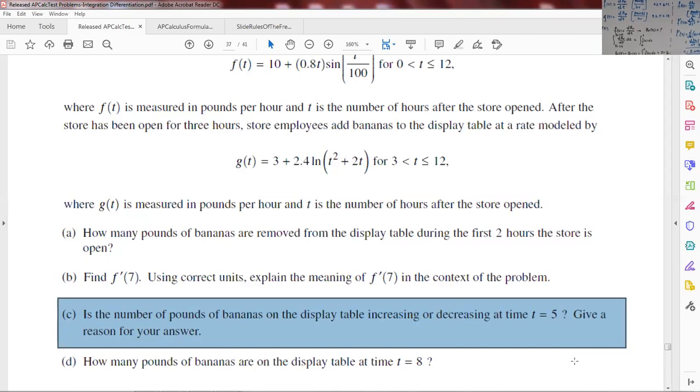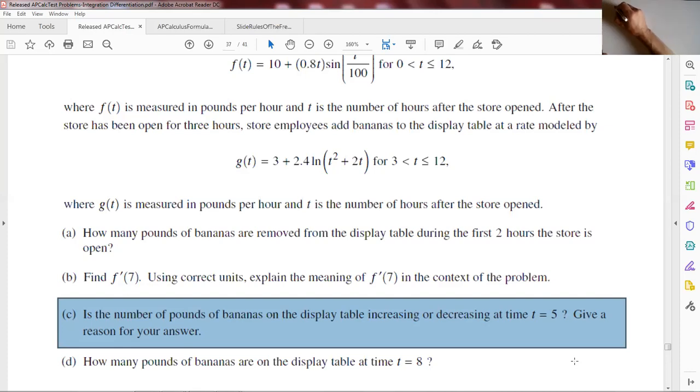So how can you know a function is increasing or decreasing? With the velocity, correcto, muy bien. Very good.